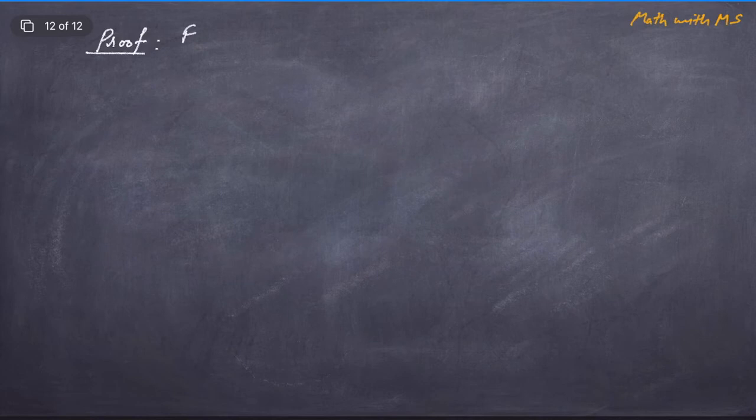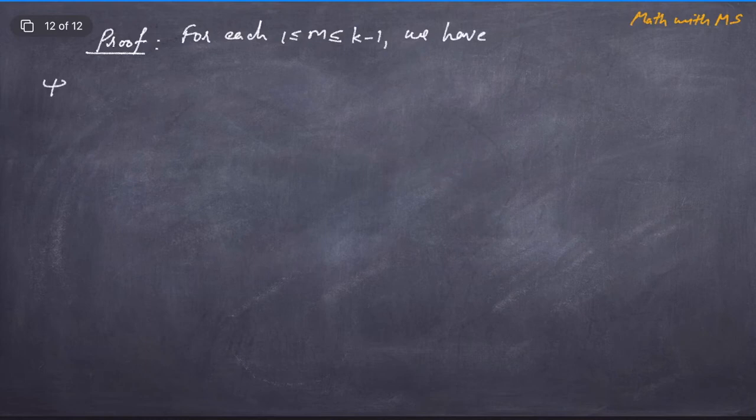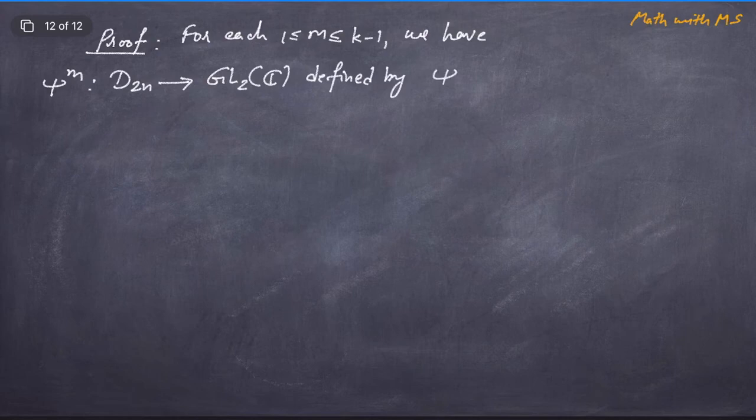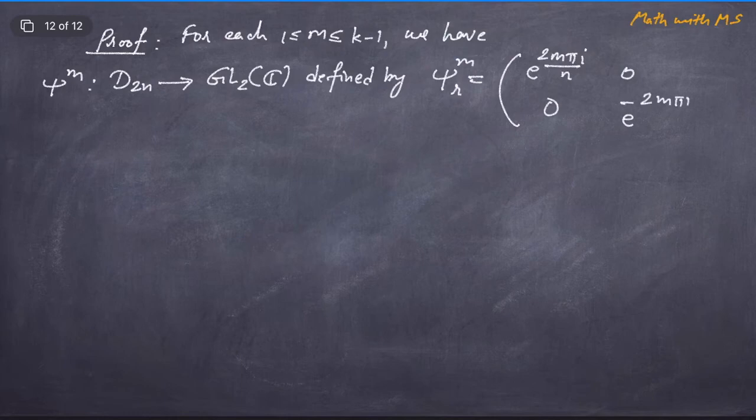Proof: for each m bigger than or equal to 1, less than or equal to k minus 1, we have this map psi m from D_2n to GL_2(C), defined by psi m of R being the matrix with diagonal entries e^(2 m pi i / n) and e^(-2 m pi i / n), and psi m of S equal to the matrix [[0,1],[1,0]].